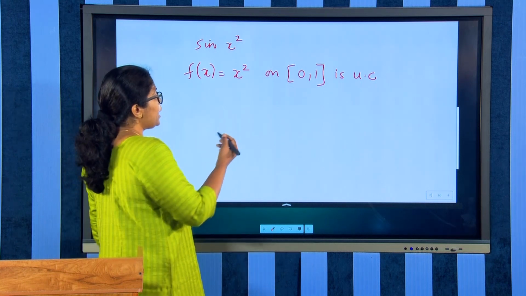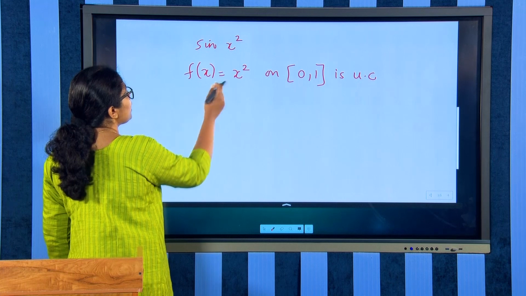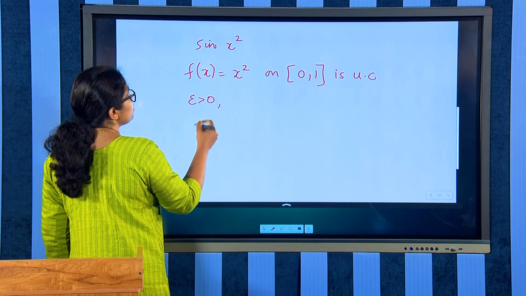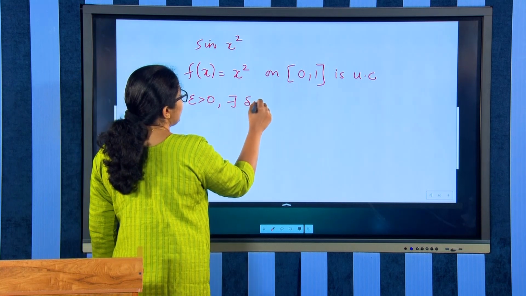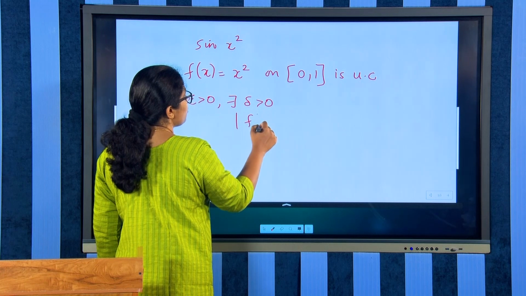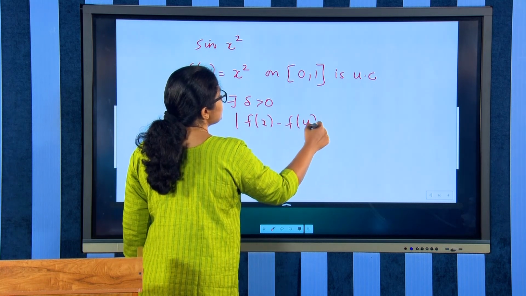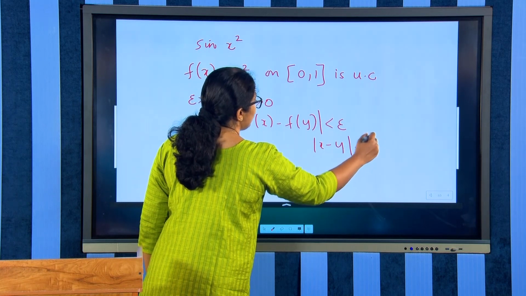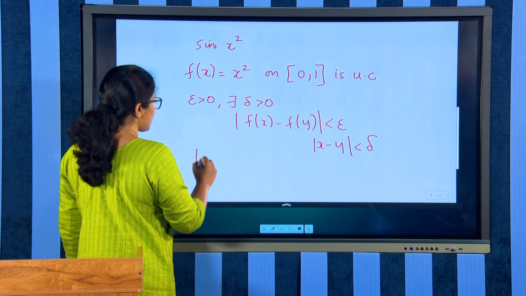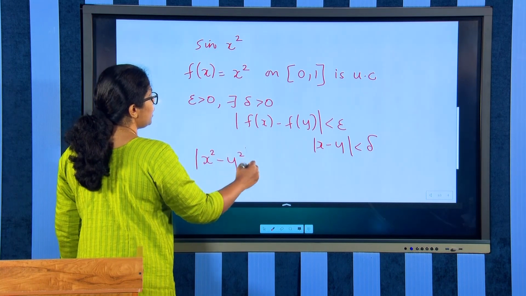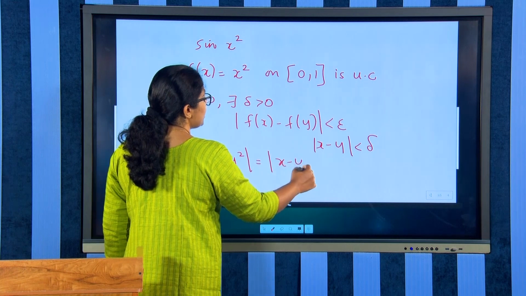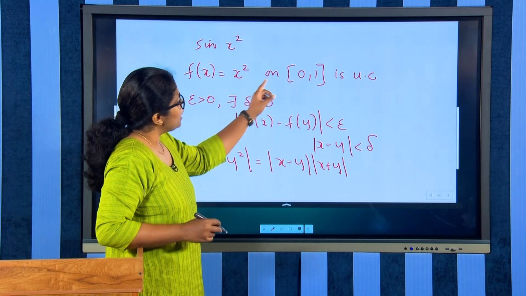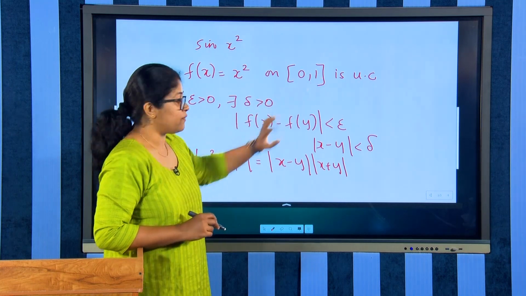So again, taking this example, if we are taking f of x is equal to x square, we can see corresponding to epsilon greater than 0, we need to find a delta greater than 0, for which modulus of f of x minus f of y is less than epsilon whenever modulus of x minus y is less than delta. So we can start with x square minus y square, which is exactly equal to x minus y into x plus y, and this interval is given to be closed interval 0 1.